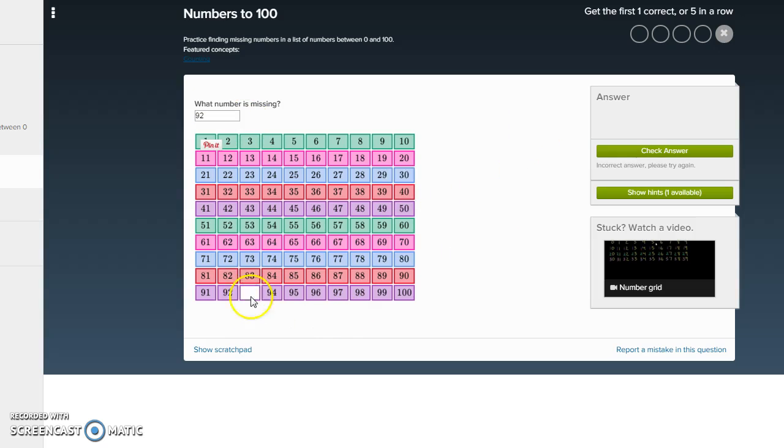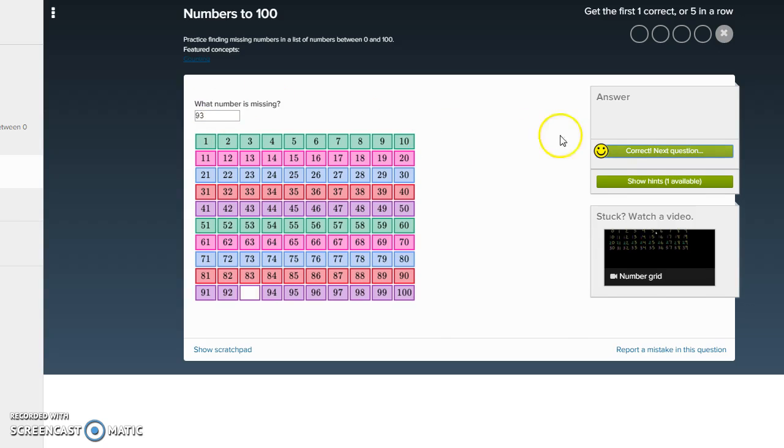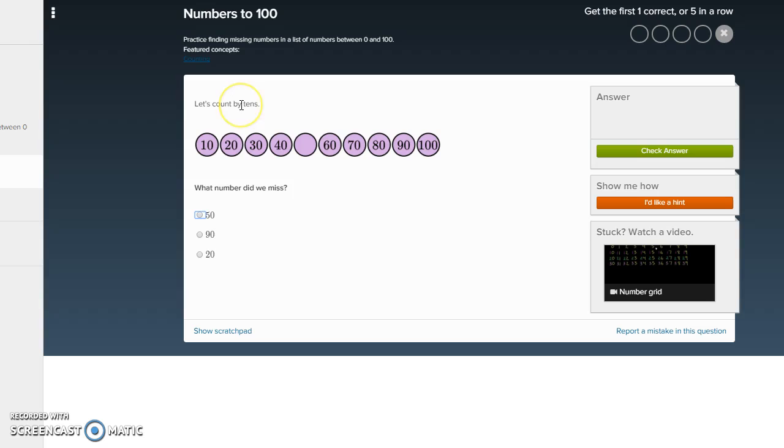And so that number should be 93. Very good. And then now I have to get 5 right in a row. So I might draw the example of the hundreds square with a number missing. This one, I might draw this exact question to show what different types of problems model counting.